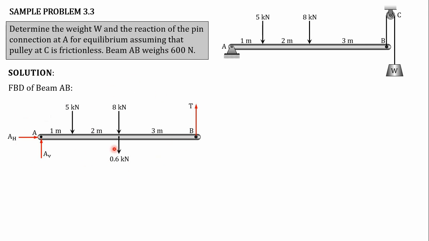I-draw lang natin yung lahat ng forces that act on AB. So, anong next move natin dito?